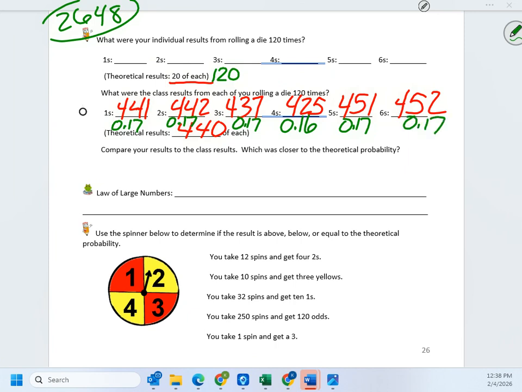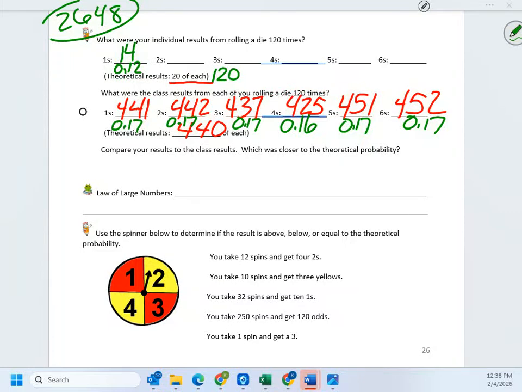So I did the class ones. We had 17%, 17%, 17%, 16%, 17%, and 17%. Look at your individuals. Let's say I saw some that were like 14. So 14 divided by 120 would be 12%.